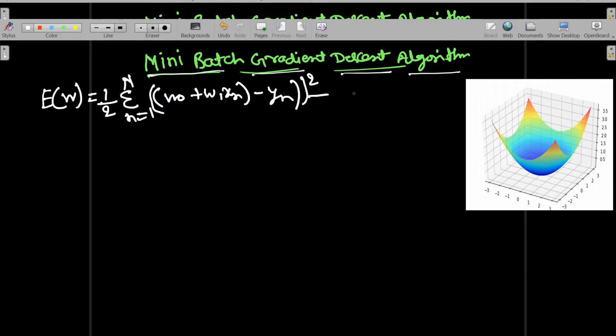So this is nothing but the sum of squares of errors. This we have already discussed, and we are all aware of this particular concept. Now our intention is to find the best possible W0 and W1 which fit our linear regression model and give a very minimal sum of squares of errors.